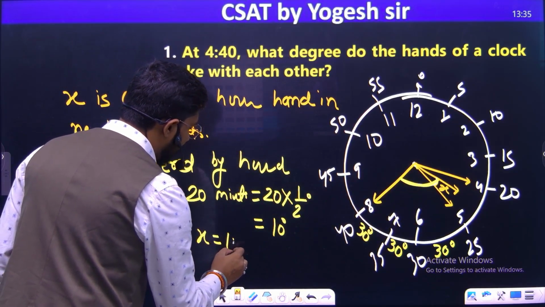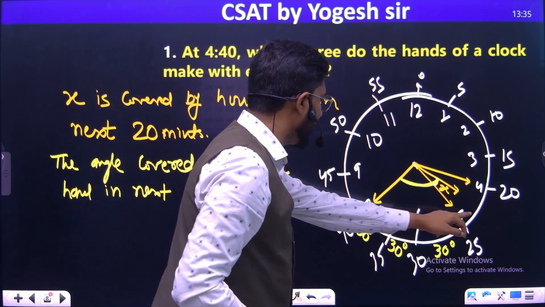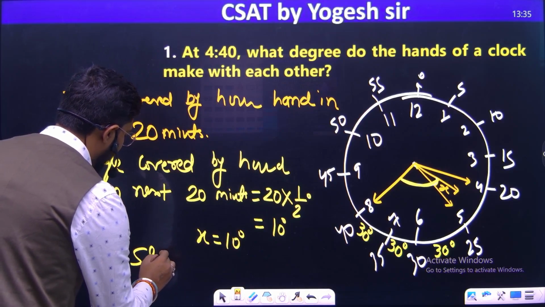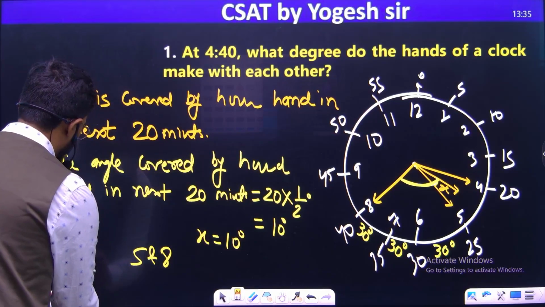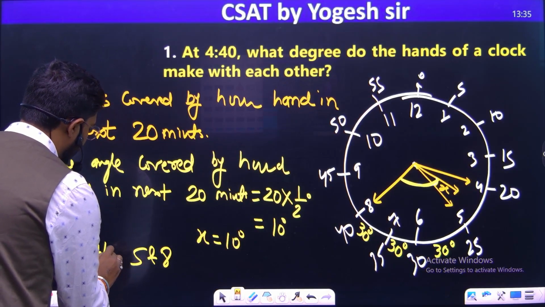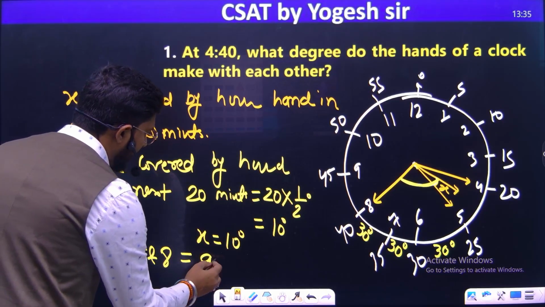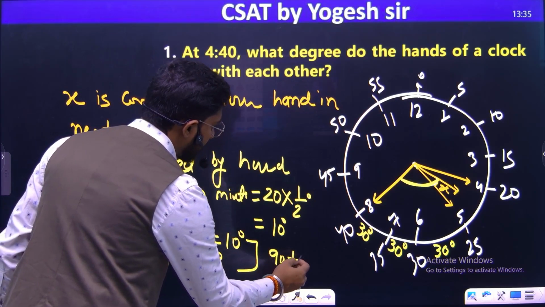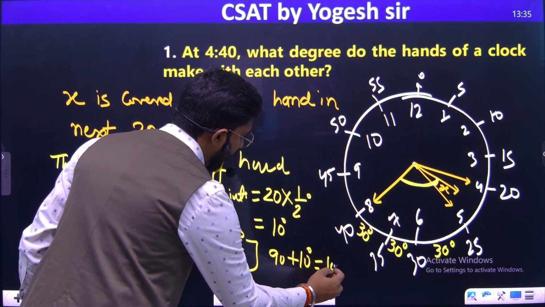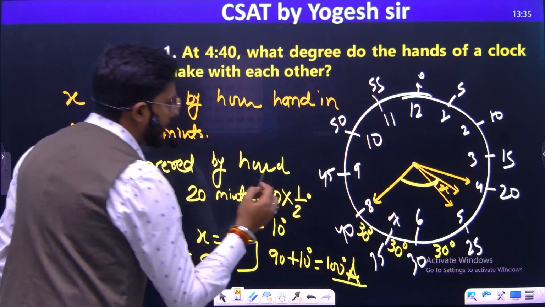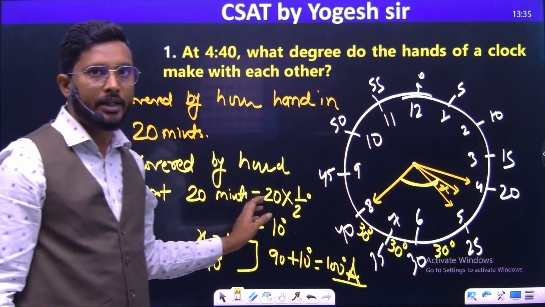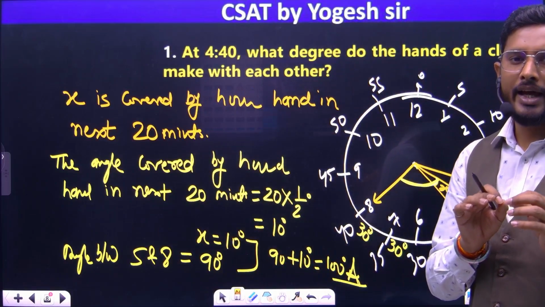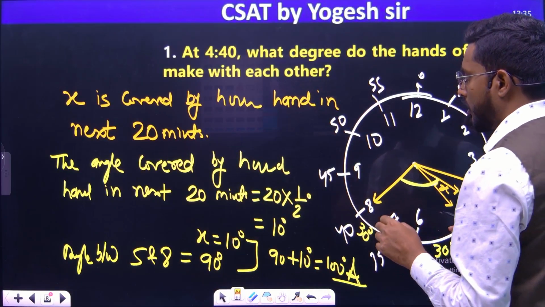The value of x is 10 degrees, and the angle between 5 and 8 is 90 degrees. So your required answer is 90 plus 10, that is 100 degrees.